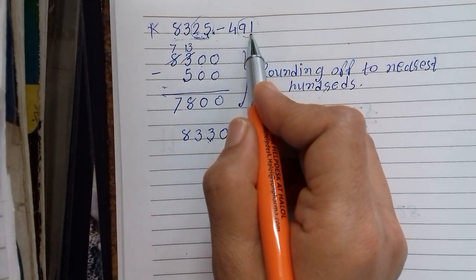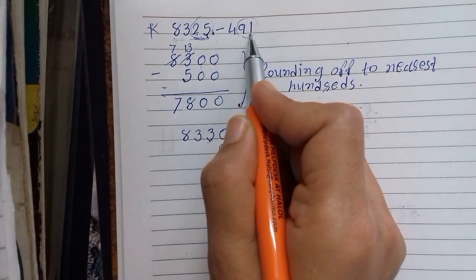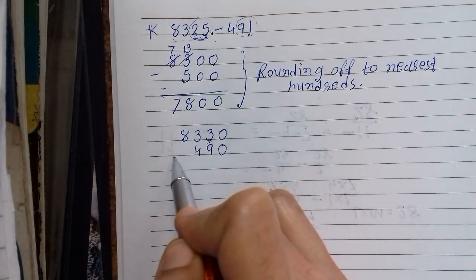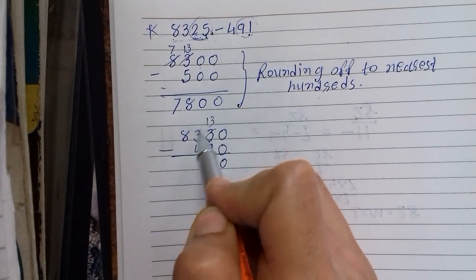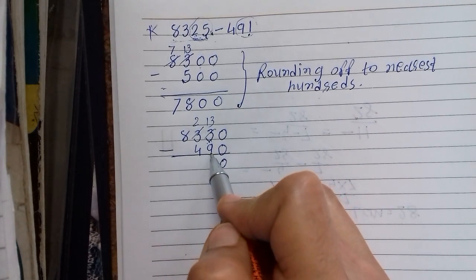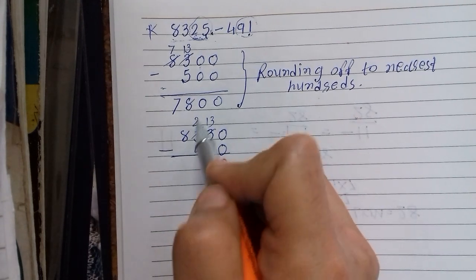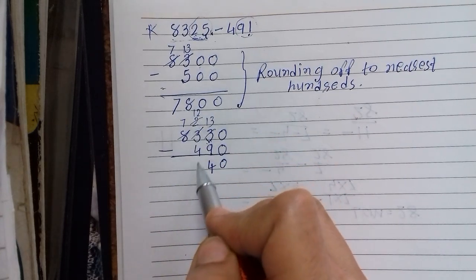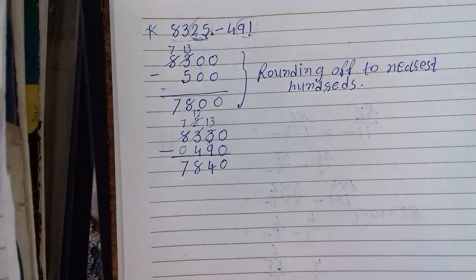Now in 491 put 0 at one's place and here 1 is less than 5. So put the next digits as they are. Now subtract this. 0, here 13, 2, 13 minus 9, 4, here once again 12, 7, 12 minus 4, 8 and 7 minus 0, 7.